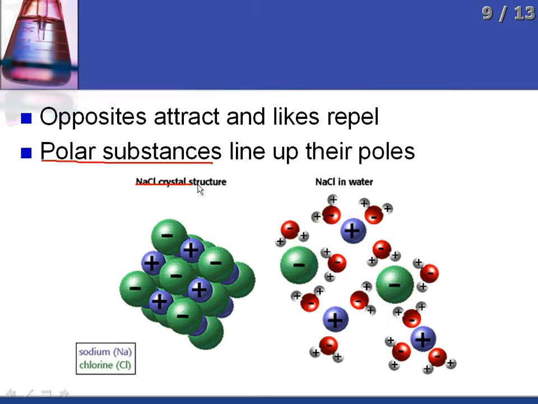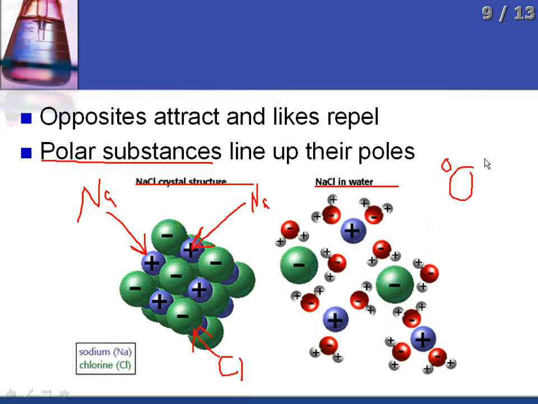So let's say we have sodium chloride crystals, salt crystals. Well, those are the blue positive side, which are the sodiums, and the larger green are the negative side. The chlorines are pulling all the electrons. When you dissolve them in water, you find that the water molecules, which also, remember, have that negative side and positive side, they line up.